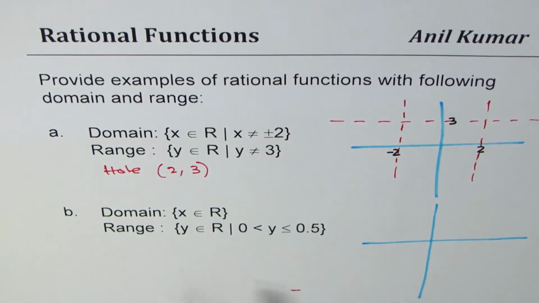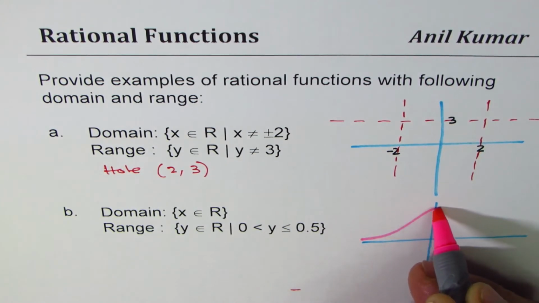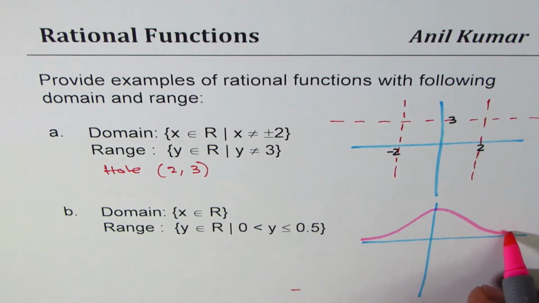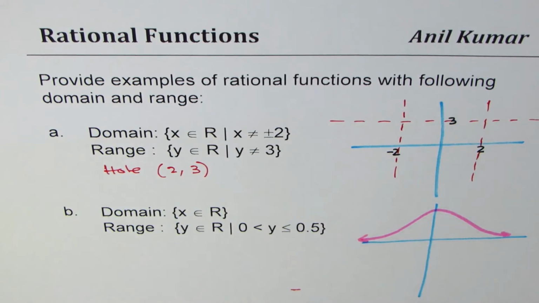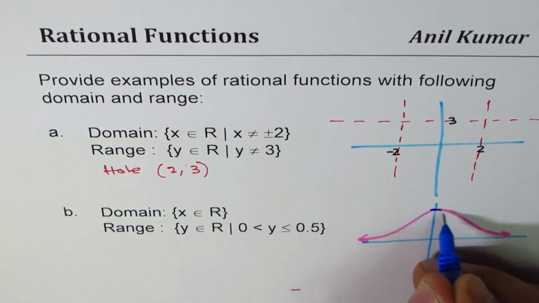The other one here is domain is all real numbers and range is between 0 to half. A function which meets this criteria could be sketched like this, kind of like this. Do you see that? Where the maximum value is half.